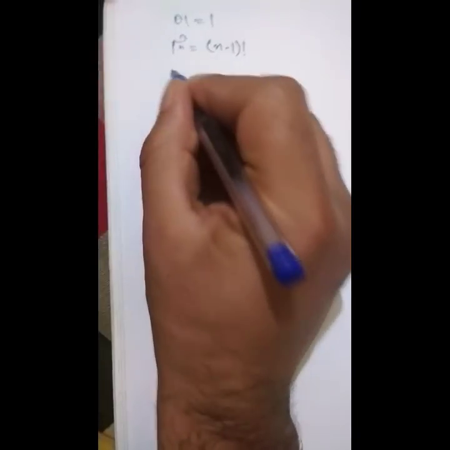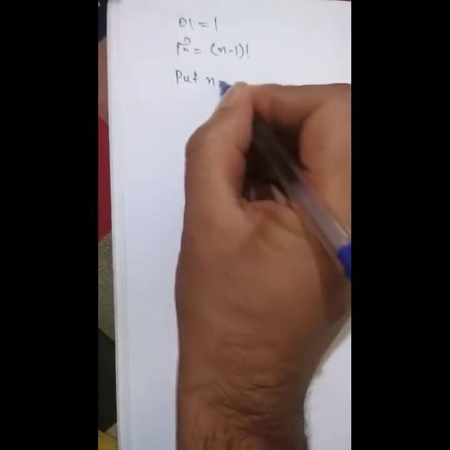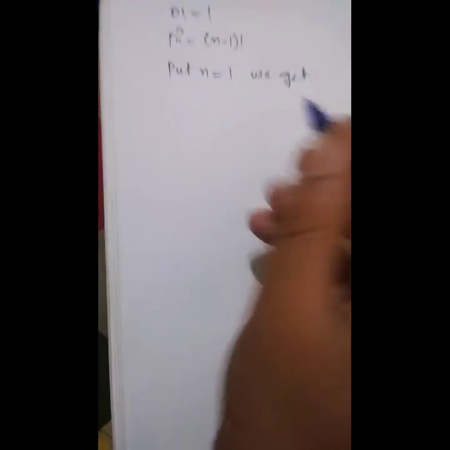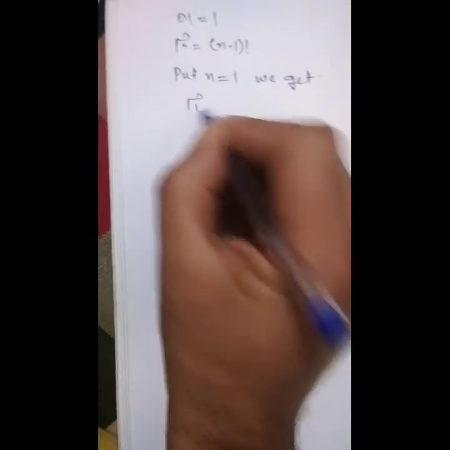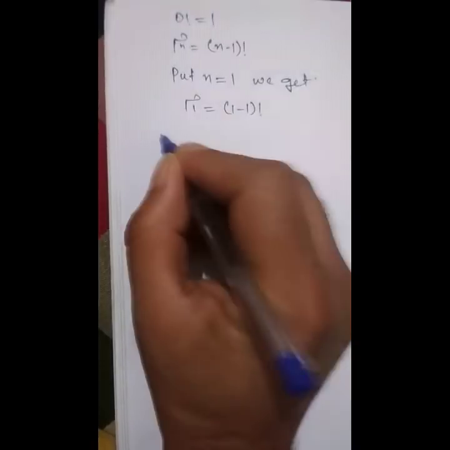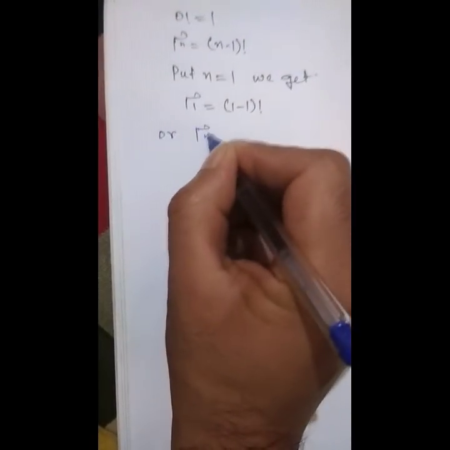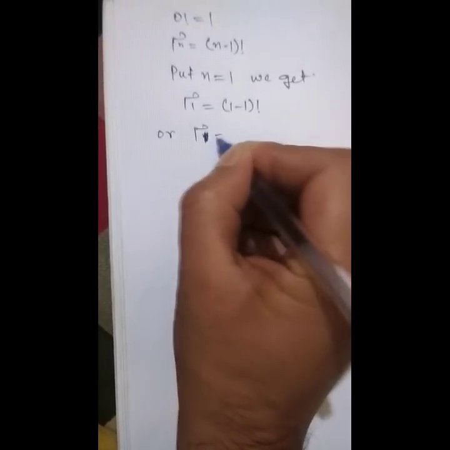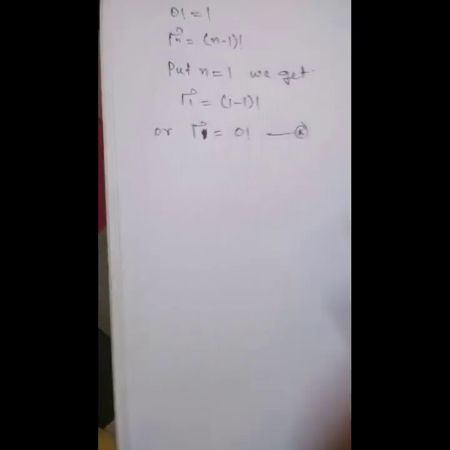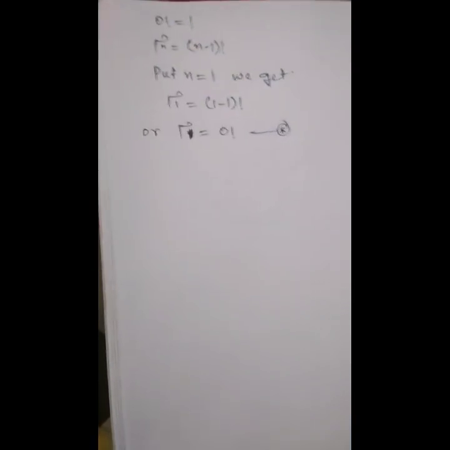So put n equal to 1, we get gamma of 1 is equal to (1 minus 1) factorial, or we can write gamma of 1 is equal to 0 factorial. So label this equation as star.